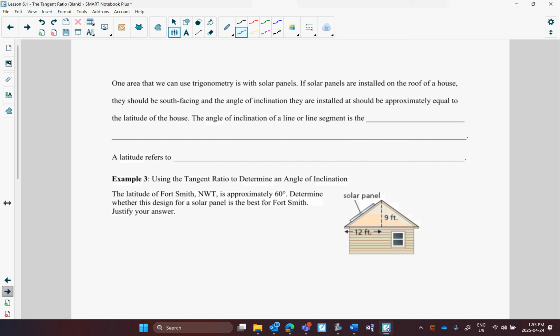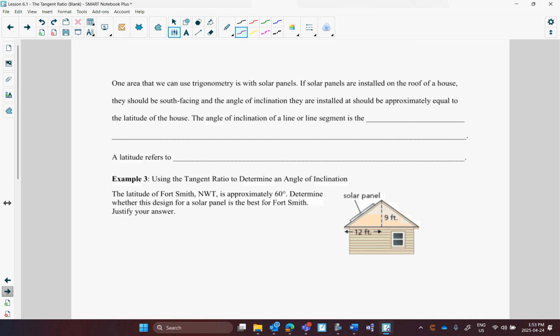How do they put solar panels on houses? If you've ever seen solar panels in the field, do you notice that a lot of times they're angled? How do you know what angle to put them at? You use trig. Because if you put them at the wrong angle, the sun is not going to maximize its effect on it, and you won't get as much energy.